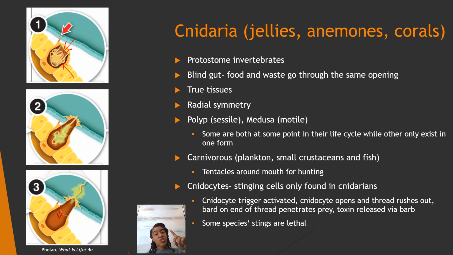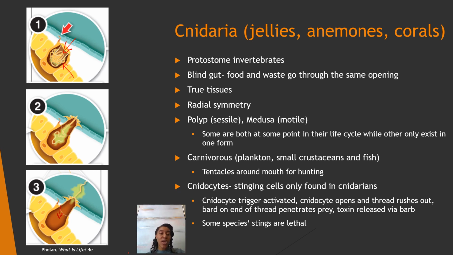So when the trigger on the cell is touched, let's say by an unsuspecting person at the beach, like myself or many of you, that will allow the cell to open up. And basically the water will rush into that cell, and it'll cause the barb to spring out because the fiber is under such high pressure.